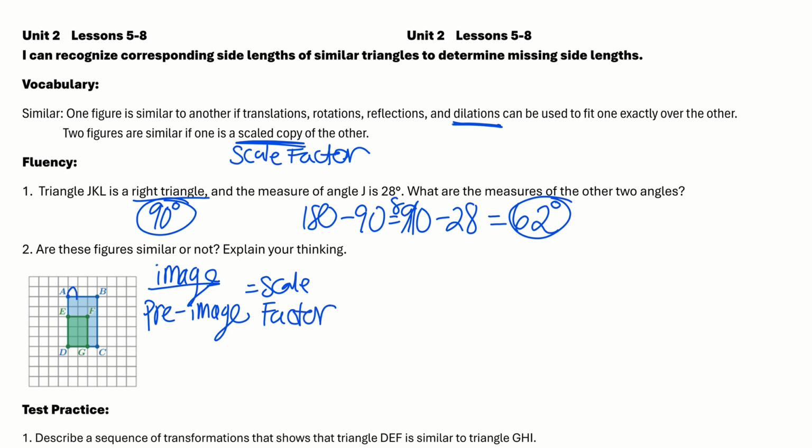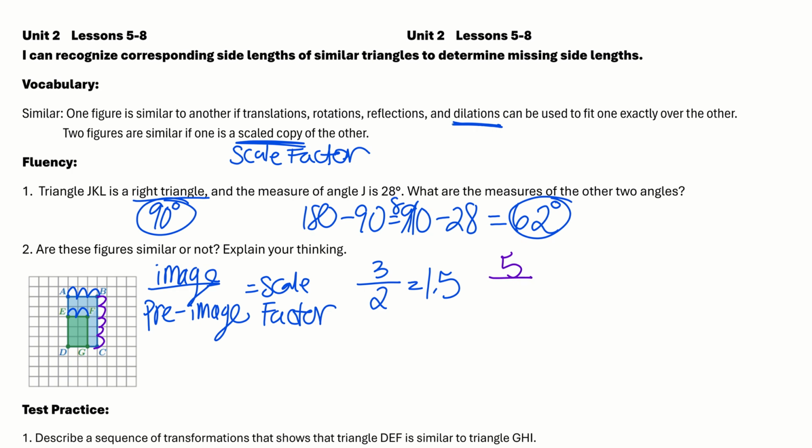So if I count A to B, I get 3. And if I count E to F, I get 2. Okay, I can change that to 1.5 if I want to. If I check B, here I'll do another color. If I do B to C, 1, 2, 3, 4, 5.